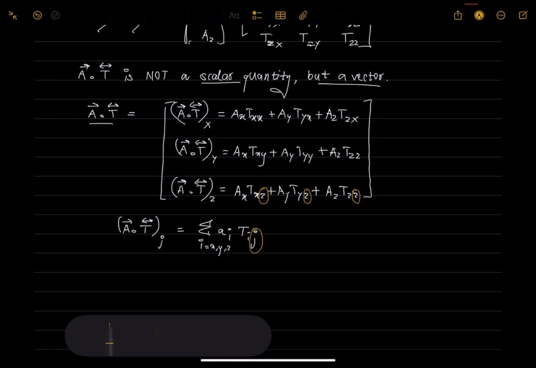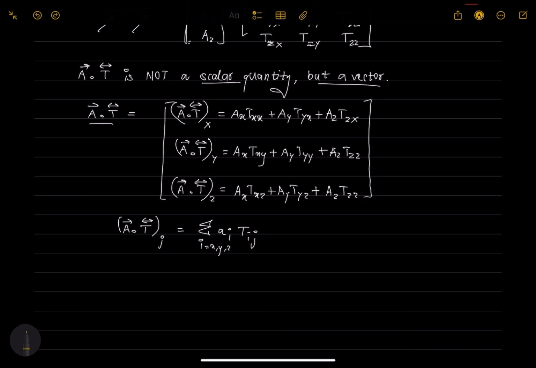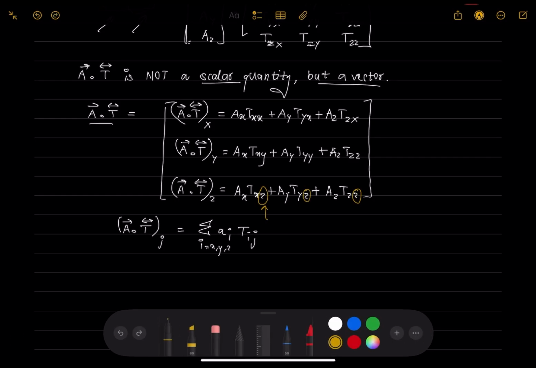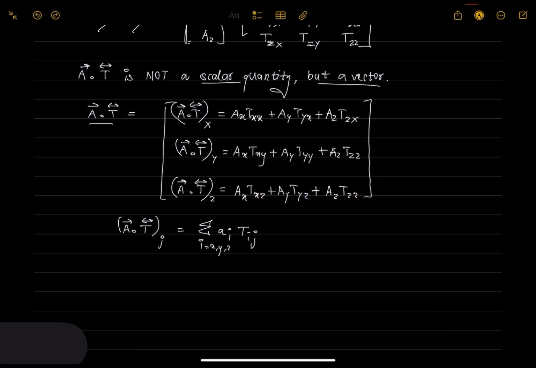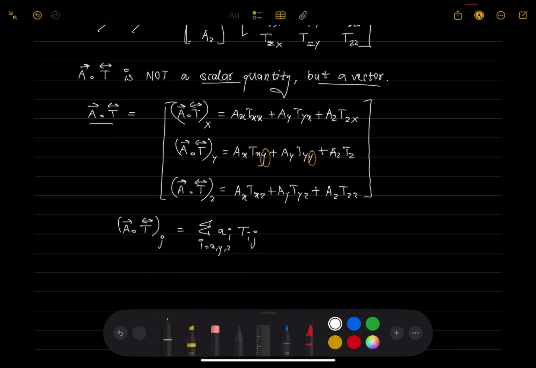If j is z, then you're taking the z component, and the second index for the corresponding tensor element remains the same. I'm sorry, there's been a certain mistake there. It's supposed to be zy.